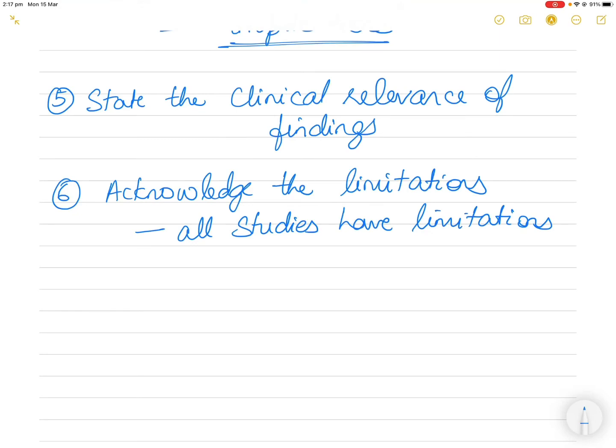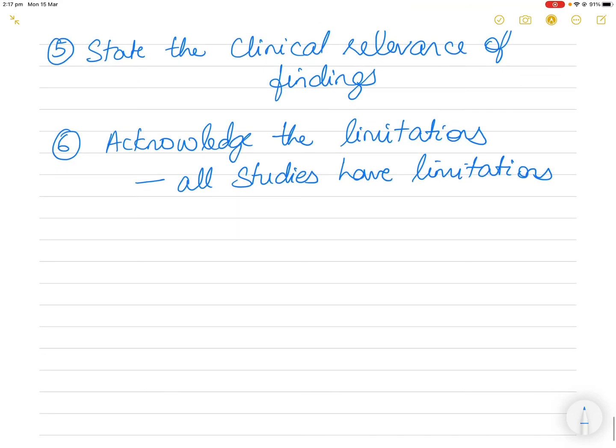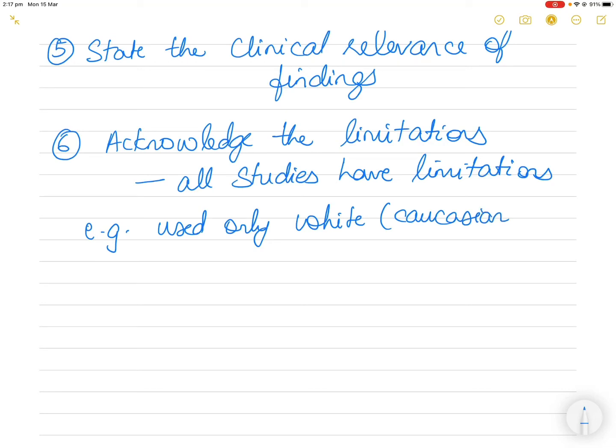So most of the bias and the limitations should have been addressed in the research design. But once you have done and some of it was unavoidable, then you should acknowledge it. All right, so I'll give you an example where researchers said that they used only white or Caucasian subjects for their research.